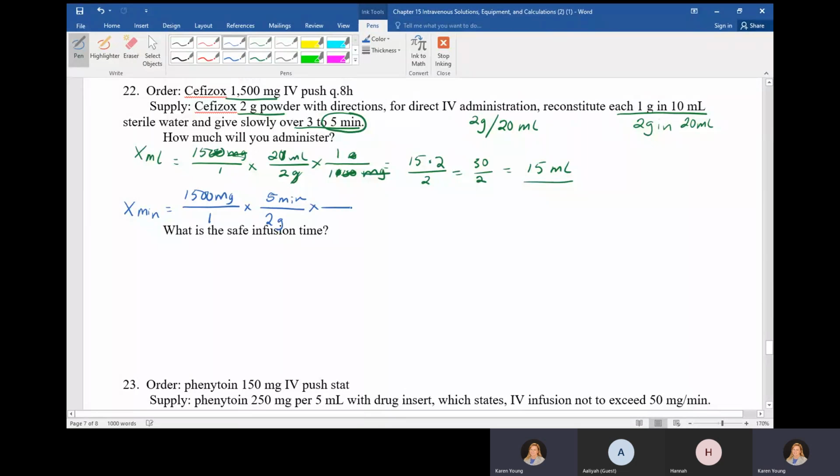I've got to do a conversion again, 1 gram, 1,000 milligrams. So my milligrams will cancel, my grams cancel. I've got 2 zeros, we'll cancel 2 zeros. 15 times 5, 75. 2 times 10 is 20.